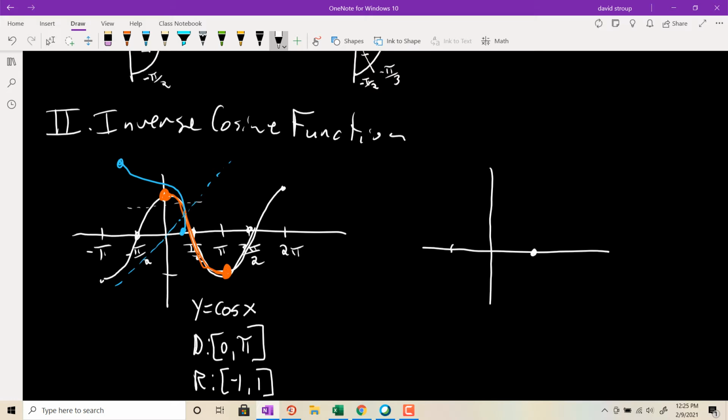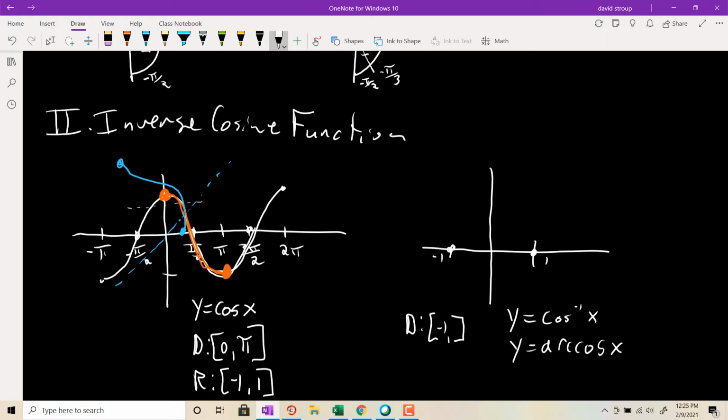Anyways, here are its domain points. Here I'm drawing cosine inverse, and again that negative 1 doesn't mean an exponent. It's just notation for cosine inverse. If you want to, you can write arc cosine. Its domain now will go from negative 1 to 1, which is what I was plotting there.